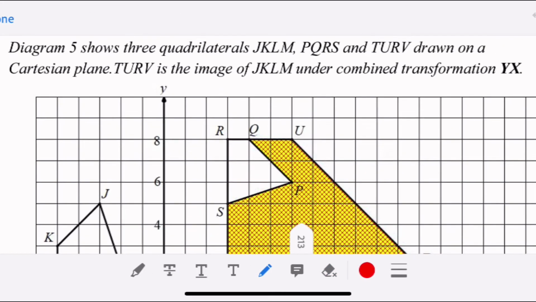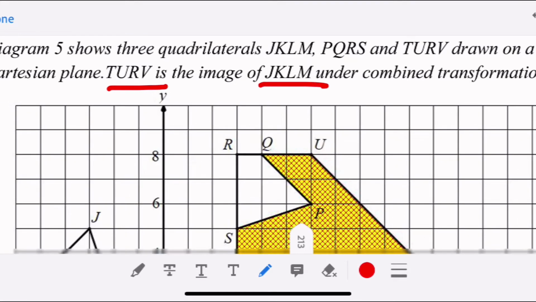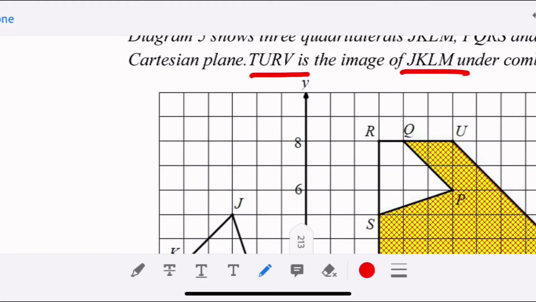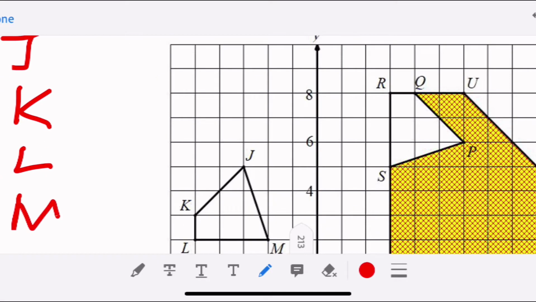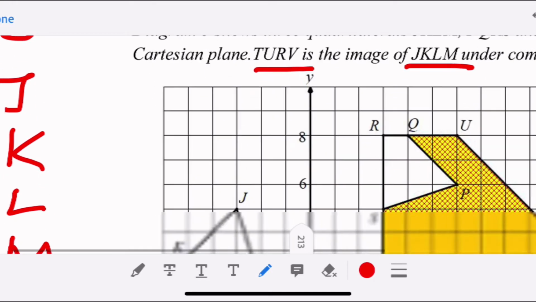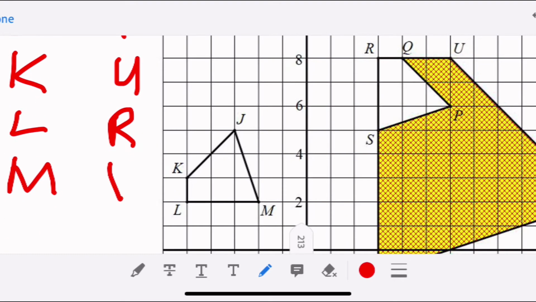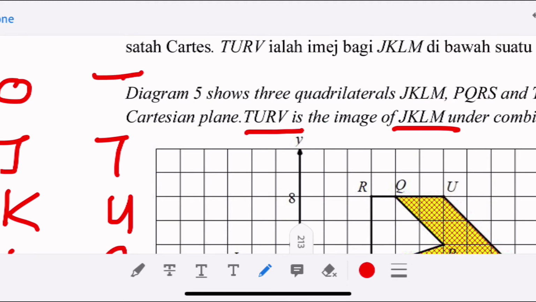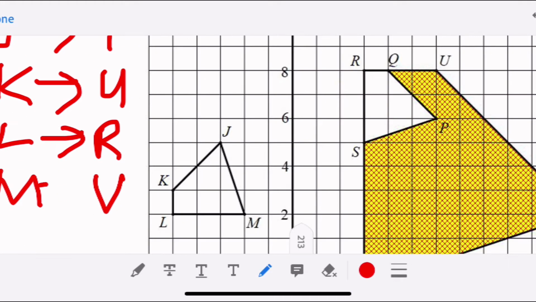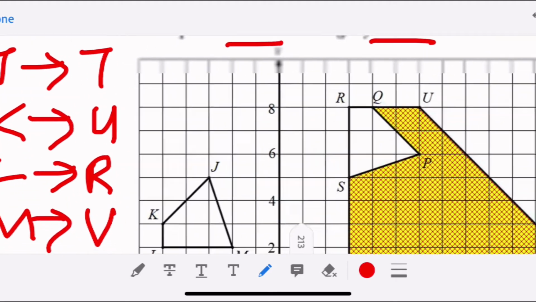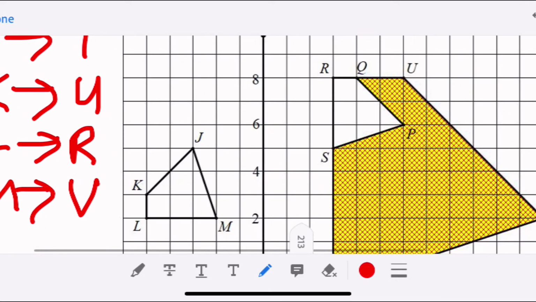Then the next one we focus on is where we are given the image, which is TURV, and the object is JKLM. So JKLM is the object, and we write down the corresponding final image, which is TURV. We also need to write down the first image, which is PQRS.